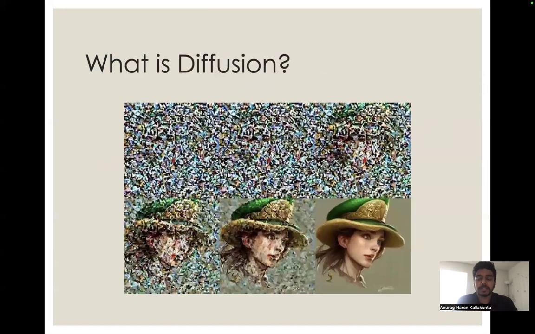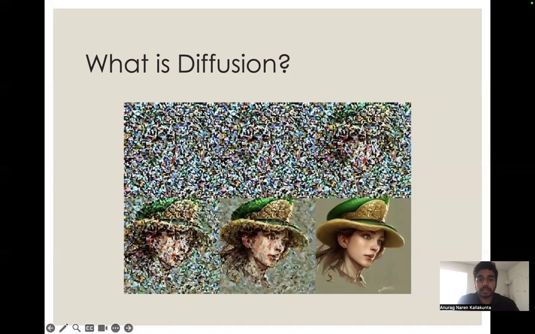So what exactly is diffusion? Diffusion as an architecture, simply explained, is the ability to form an image from pure noise to a purified, completely clarified image. So if you take a look at this here, the very first image block that you see is completely pure Gaussian noise.